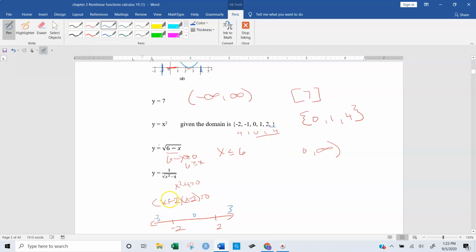I plug in -3. I have a negative times a negative, which is positive, so that checks. I plug in 0. We have a positive times a negative, which is negative, so that does not check. Plug in 3 is a positive times a positive, which checks. So in other words, I have to be from -infinity to -2, and from 2 to positive infinity is my domain.